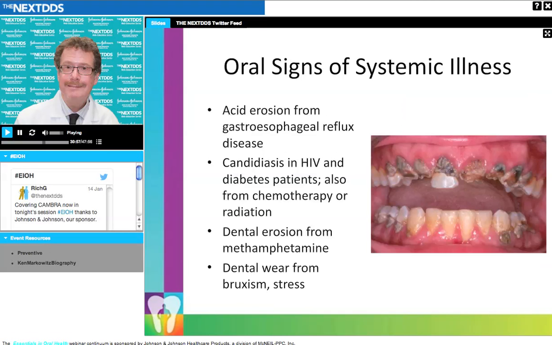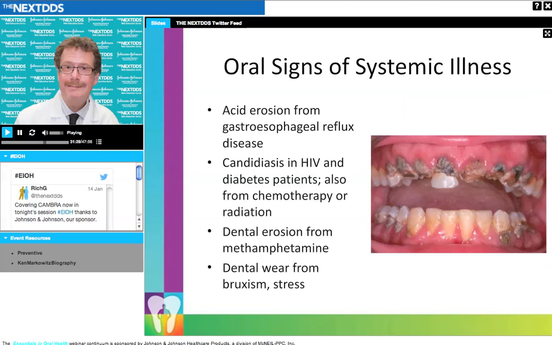And I believe in most of our dental clinics, we see a lot of drug-dependent or formerly drug-dependent individuals who have dental signs of drug abuse. And of course, the big daddy of all oral systemic conditions is radiation treatment, which damages the saliva glands, causing a very severe dry mouth, which predisposes individuals to horrible caries.